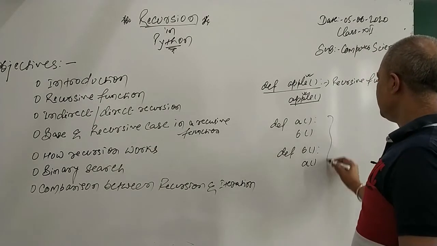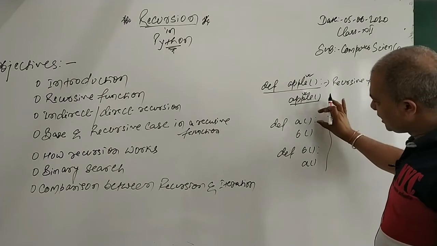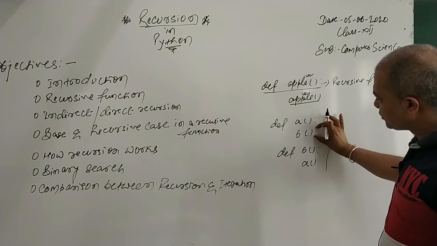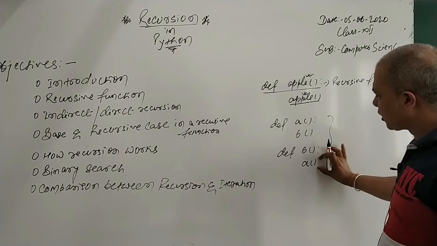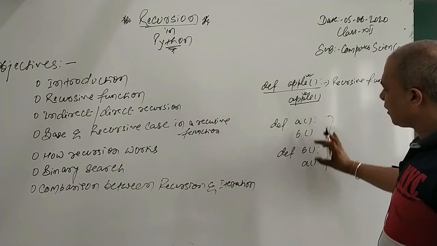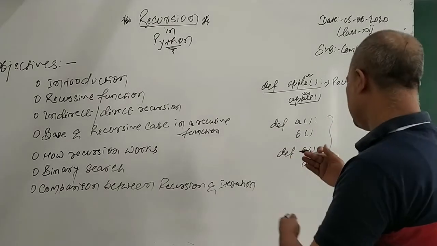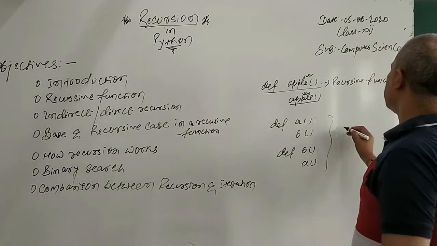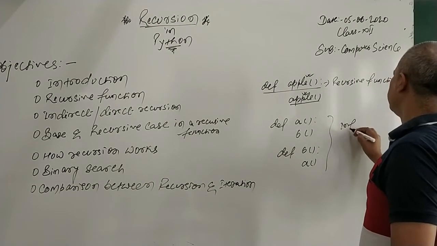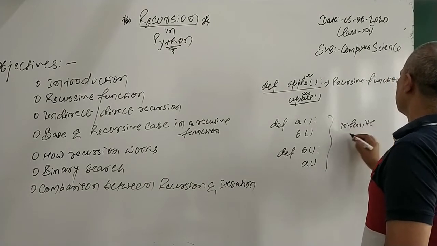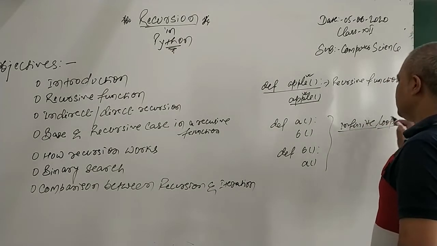In this scenario, once A calls the B function, it will search the body of B, where there is a call to A. It means A calls B, B calls A. Both functions keep on executing, and it's an infinite loop. Infinite iteration or looping will be there.